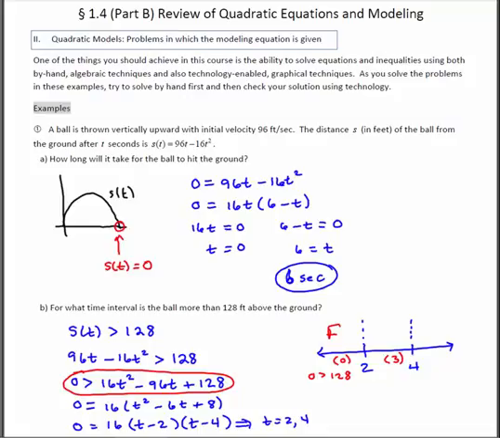If I plug in a test value of 3, I'll leave it to you to check the arithmetic, but the inequality does come out true. And if I tested 5, again, I'll leave it to you to run the arithmetic, but this inequality is false again. And so I'm going to conclude that the ball is more than 128 feet above the ground in here, between 2 and 4 seconds.